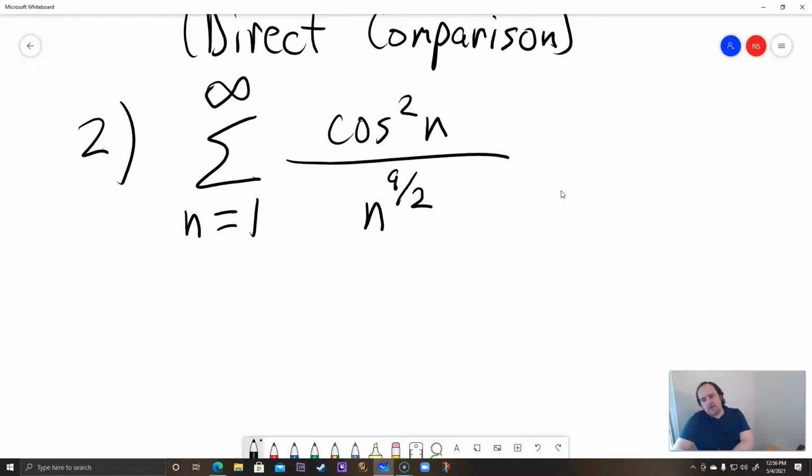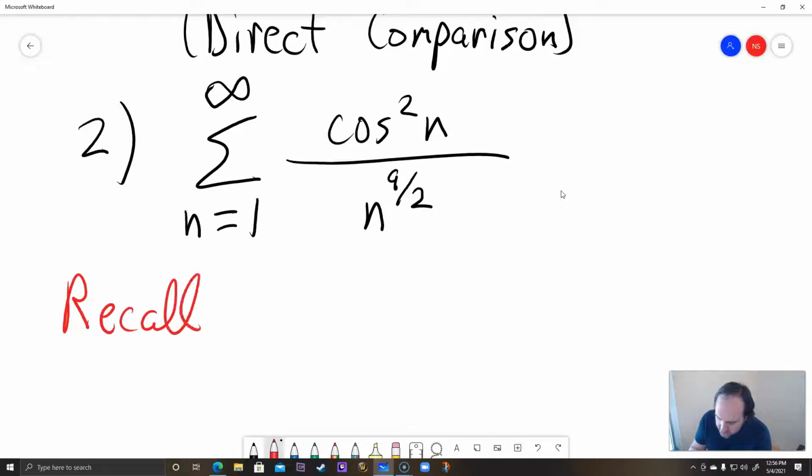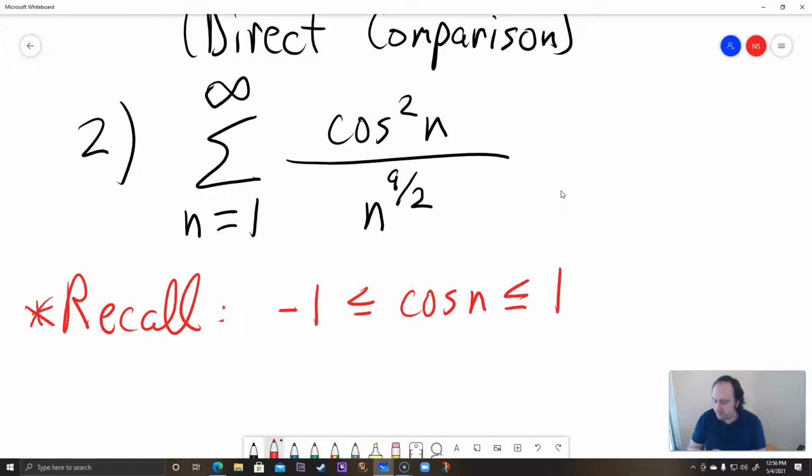So something to keep in mind whenever you have a trig function like sine or cosine, remember that sine and cosine are between -1 and +1. Okay, so this is something just to recall from your pre-calculus class. -1 is less than or equal to cosine of n, which is less than or equal to +1.